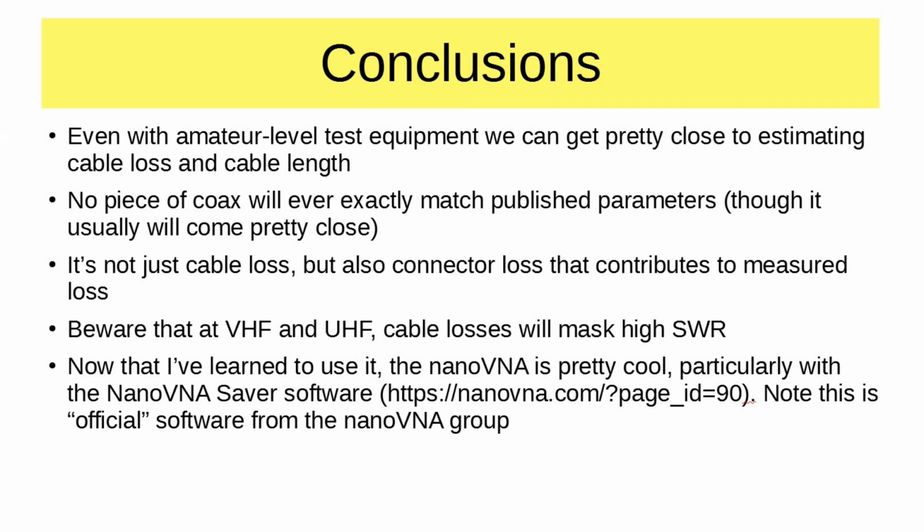And at VHF and UHF, cable losses can mask high SWR. So you need to measure your antenna a little closer to the antenna. And anyway, a 151-foot run, even of LMR 400, is a pretty long cable for VHF. I would suggest really cutting that down to 25 or almost 50 feet.